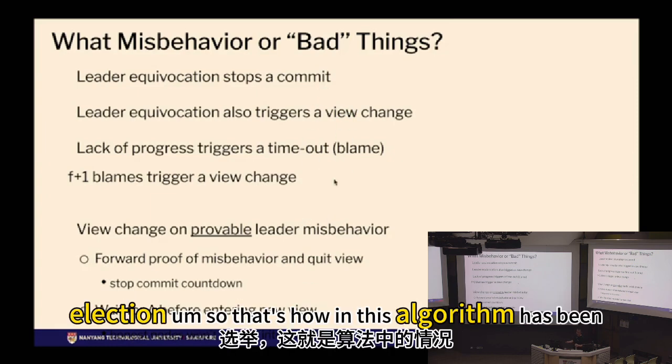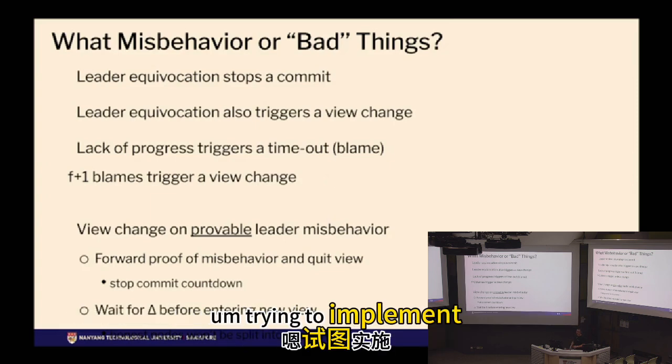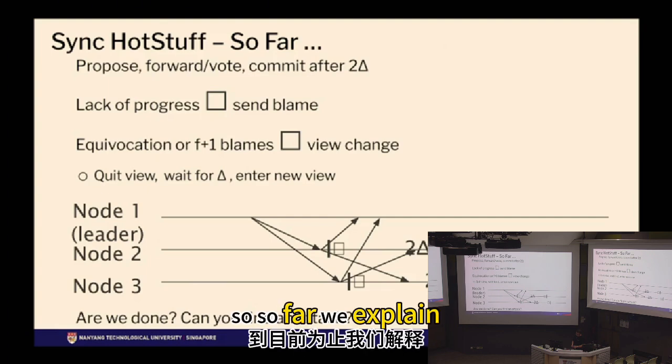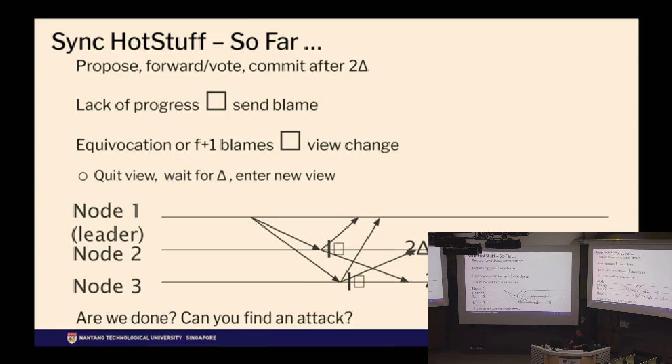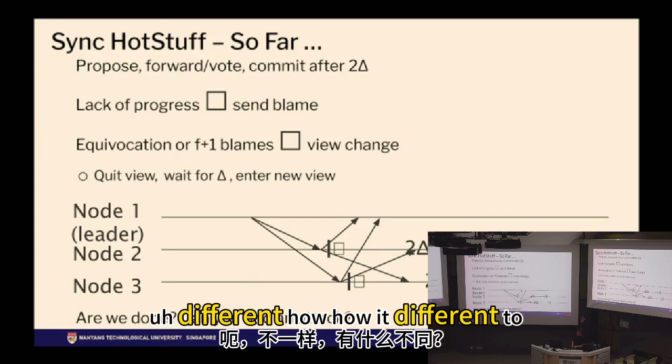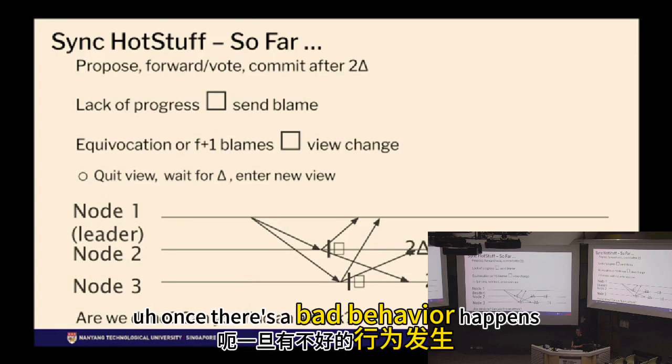That's how this algorithm has been trying to implement it. So far we explained the different phases, how they differ from HotStuff, and also how the view is quit once bad behavior happens.